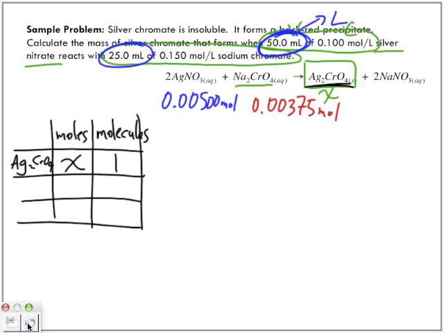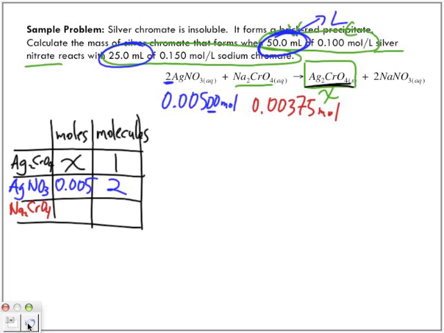So now, let's look at our first one. We have silver nitrate, and we've calculated 0.005 moles, leaving off the two zeros just to fit it into my box here. How many silver nitrates do we have? We've got 2 of them. And lastly, the other one is the sodium chromate.